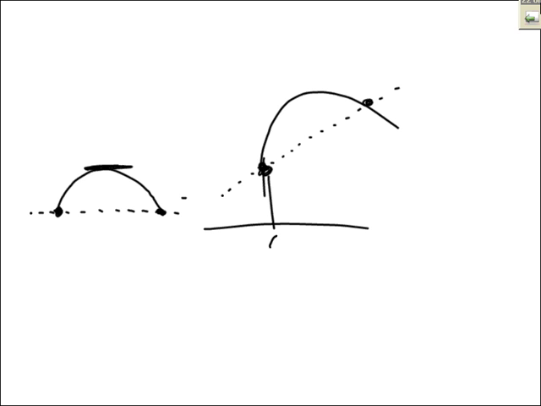Suppose f of A and f of B are different y values. So here's the line that connects f of A and f of B, and suppose the graph goes like that. Well, somewhere between A and B, there must be a C value where the derivative has the same slope as this line.